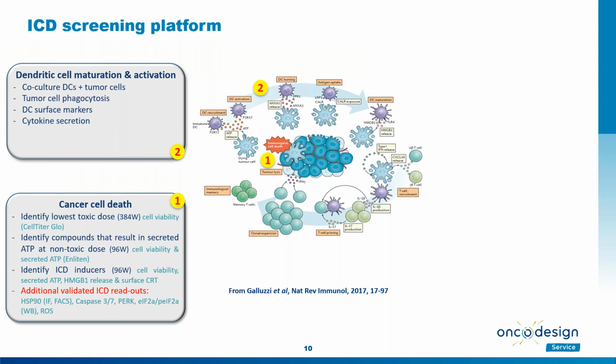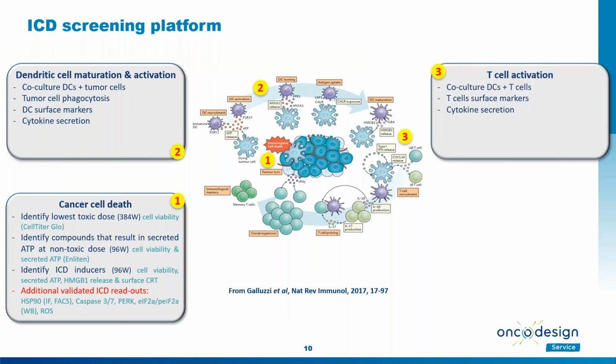Then we move to a more complex assay where we have a co-culture with allogeneic DCs and tumor cells. So we have then the ability to measure how DCs are activated by dying tumor cells. And we have multiple readouts on DCs per se, meaning phagocytosis activity, change in cell surface markers, and cytokine secretion.